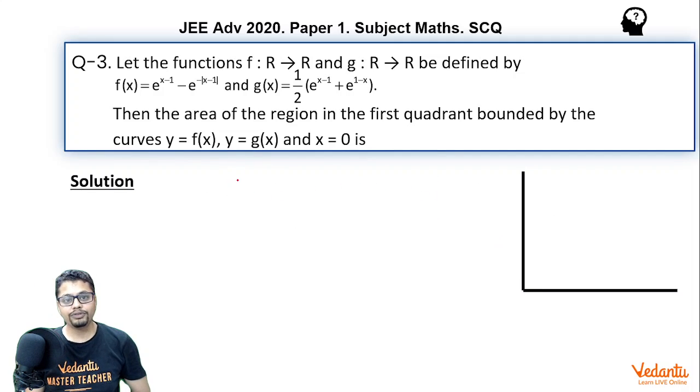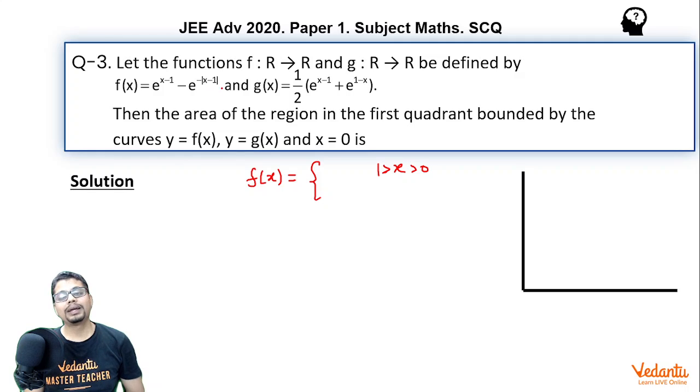So first of all, if you see carefully, what is f(x)? When x is greater than 0 but less than 1, |x-1| would open with a minus sign.